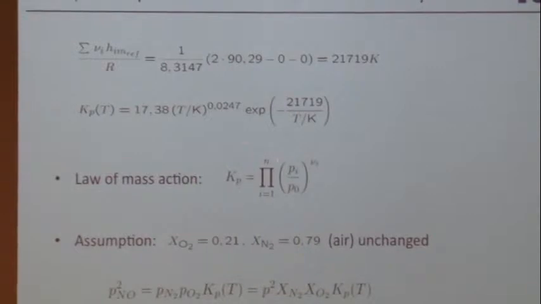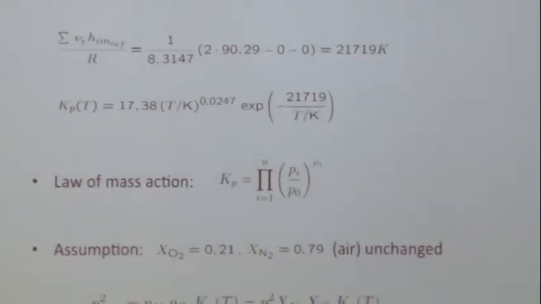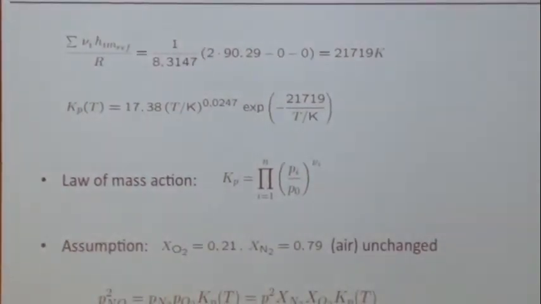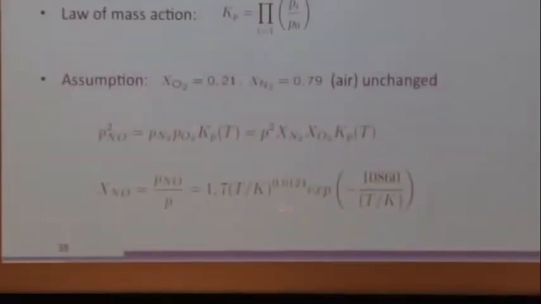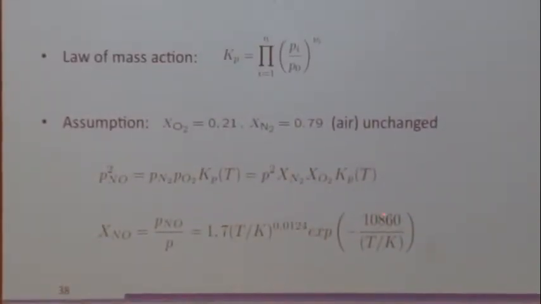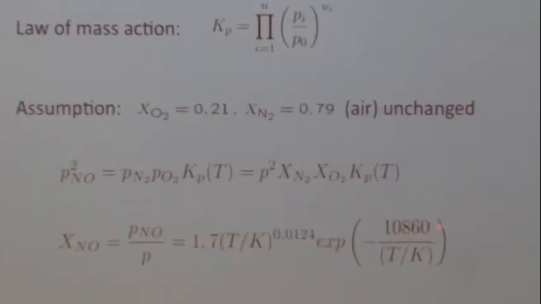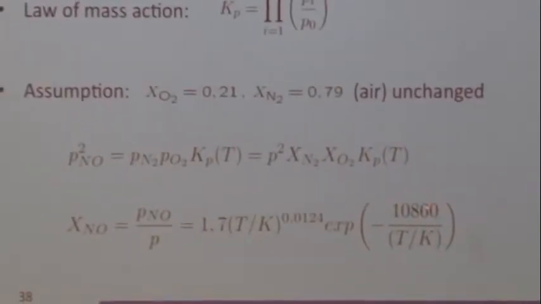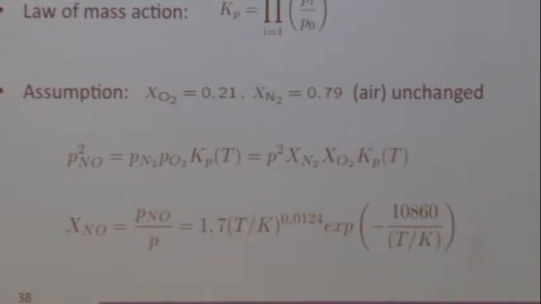And now, law of mass action, this gives us X_NO equal to some temperature function here. And you see, it looks like an apparent activation energy here. So this is now the partial pressure of NO divided by the total pressure, or just the mole fraction of NO that you get.